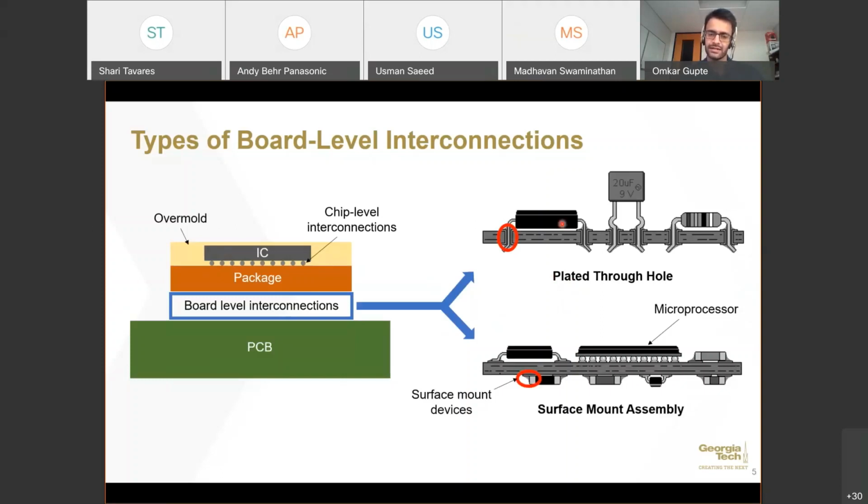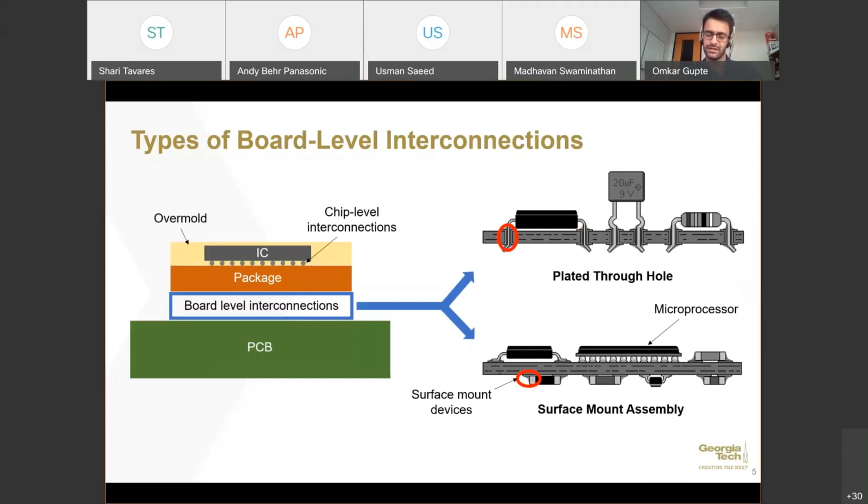In this type, the devices have leads, and these leads are placed into plated holes on the PCB and are then soldered. The leads being inserted into these holes is what makes the electrical and mechanical connection between the device or component and the PCB.